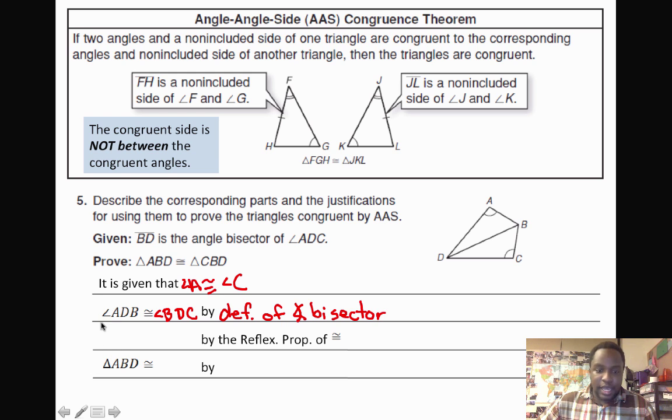And then we can say, this is by the reflexive property of congruence. What can we use here for the reflexive property of congruence? We can say that BD is congruent to itself.